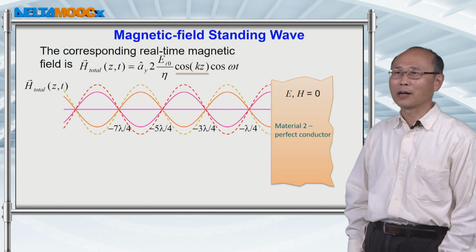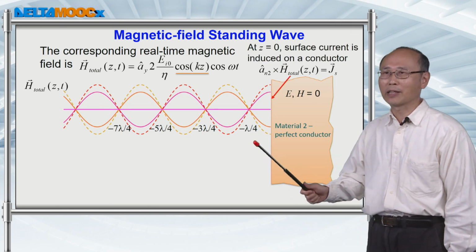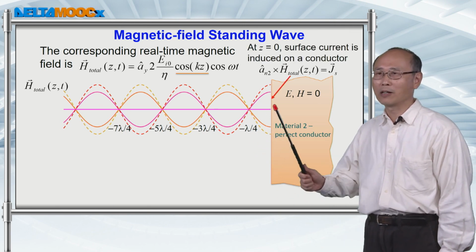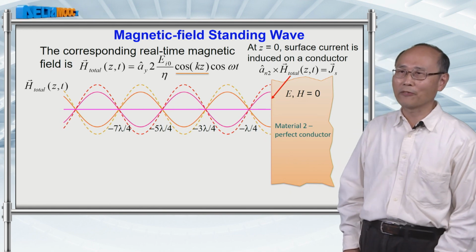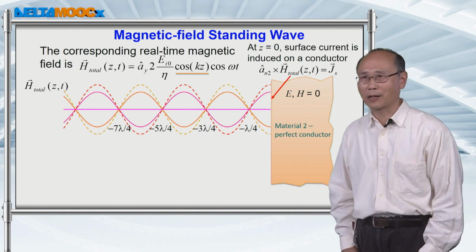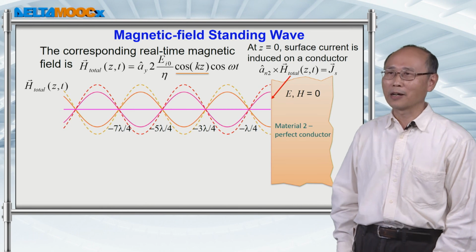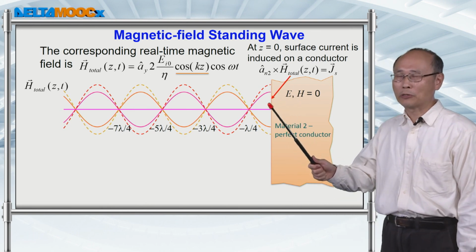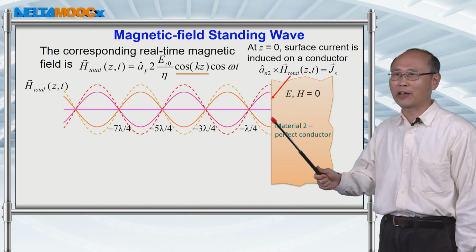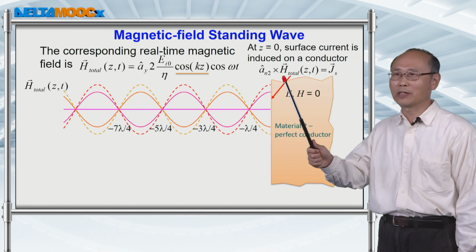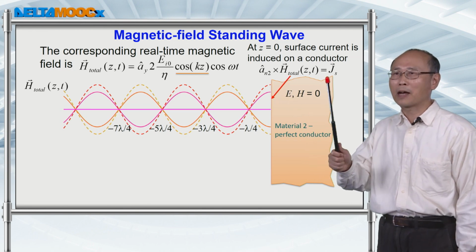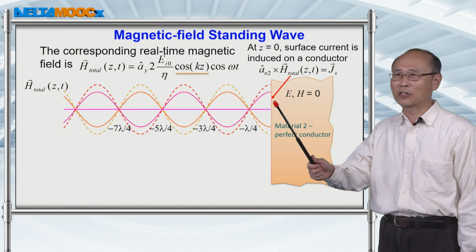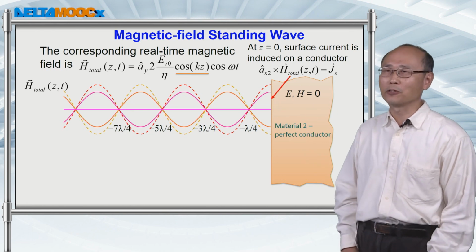So the electric field pattern and magnetic field pattern are different, and the phase in fact changed by 90 degrees. And you can also deduce the surface current on this boundary, because you have a maximum magnetic field on this boundary. So from this calculation, you are also expecting a big surface current on this conducting boundary.